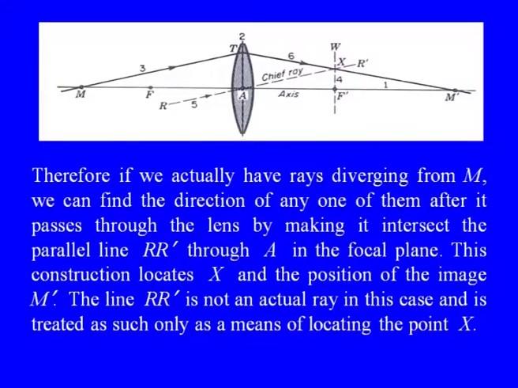The ray R prime is not an actual ray in this case, and is treated as such only as a means of locating the point x. And once we have located the point x, we extend this Tx to M prime, and M prime is the image of the object at the point M.